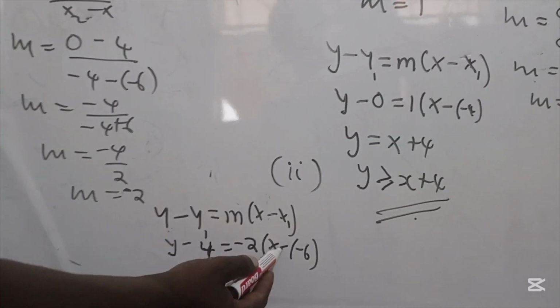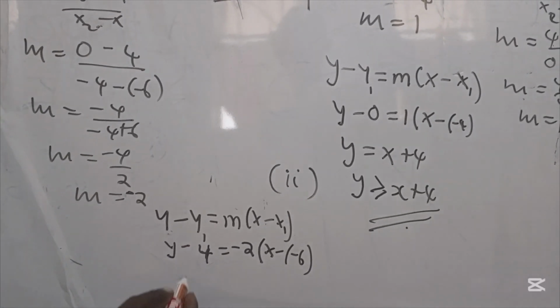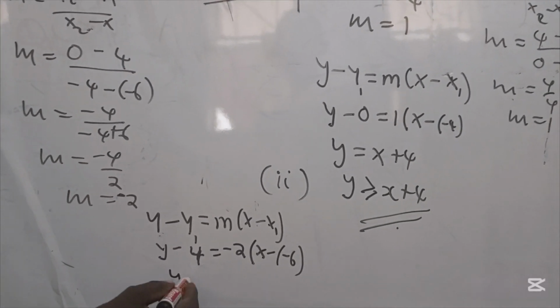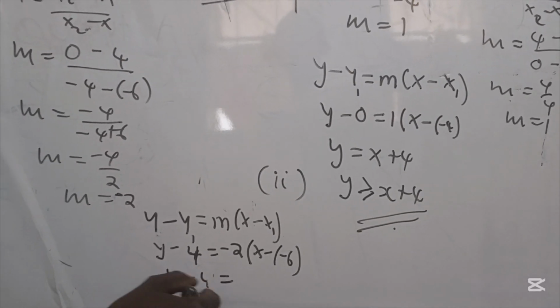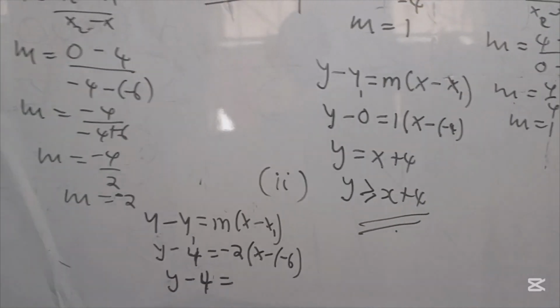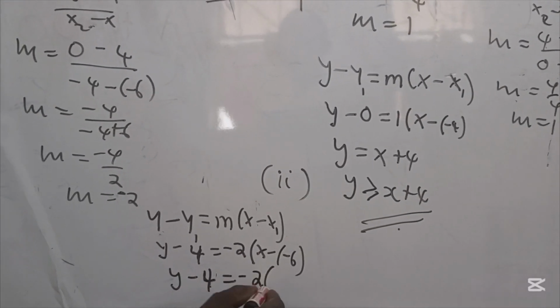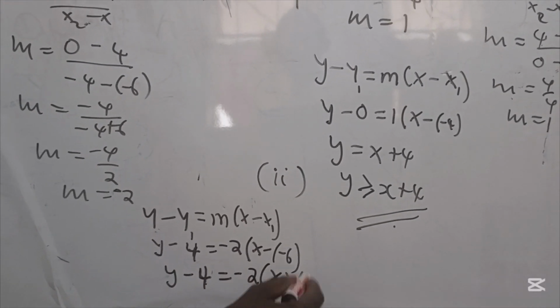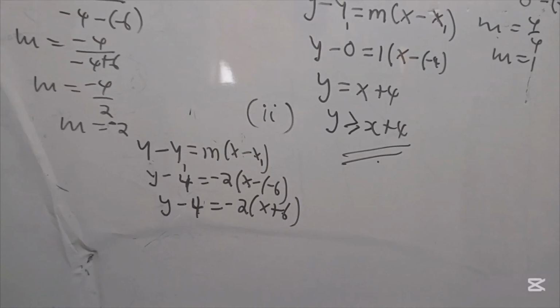The negative that is in the formula operation will find another negative. You agree with me that this is y minus 4. So this is as good as negative 2 times the bracket. Then you multiply. How do we multiply?